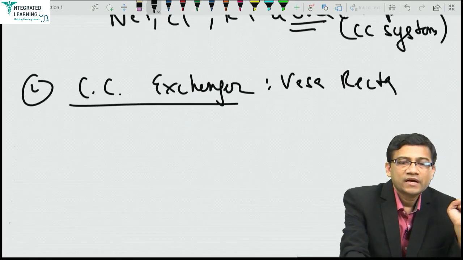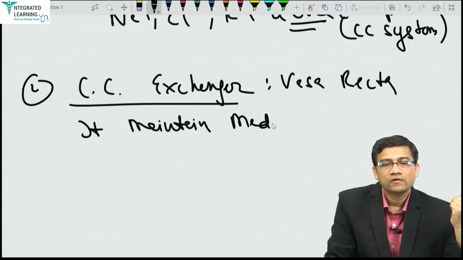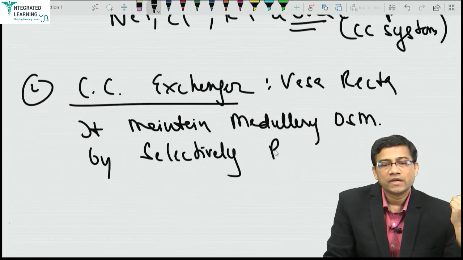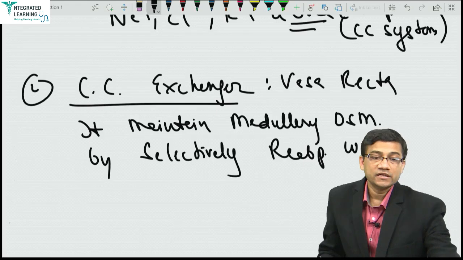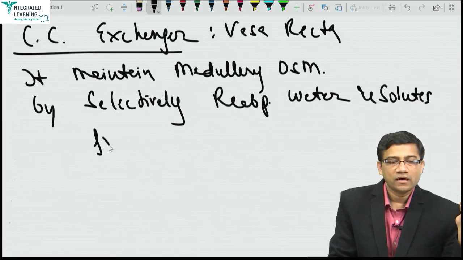What does it do? It doesn't create, it maintains medullary osmolarity by selectively reabsorbing water, and in case of requirement even solutes from the medulla.